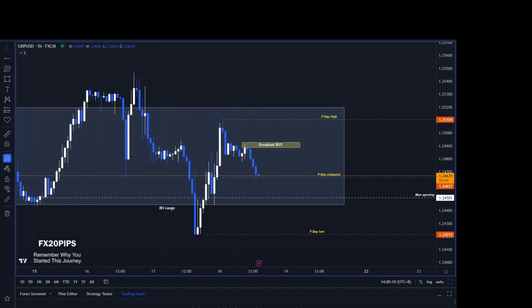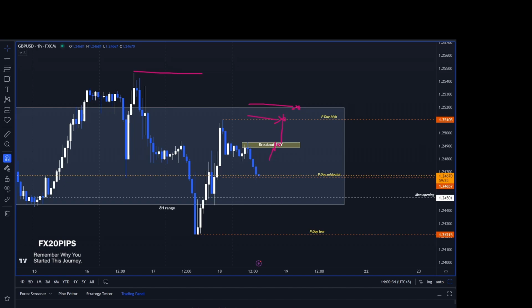For me, if price is to come back here, if I'm scalping, I will start to buy around here, hoping it will reach here and here. Scalping, this could be your first target, second target, or even your third target.